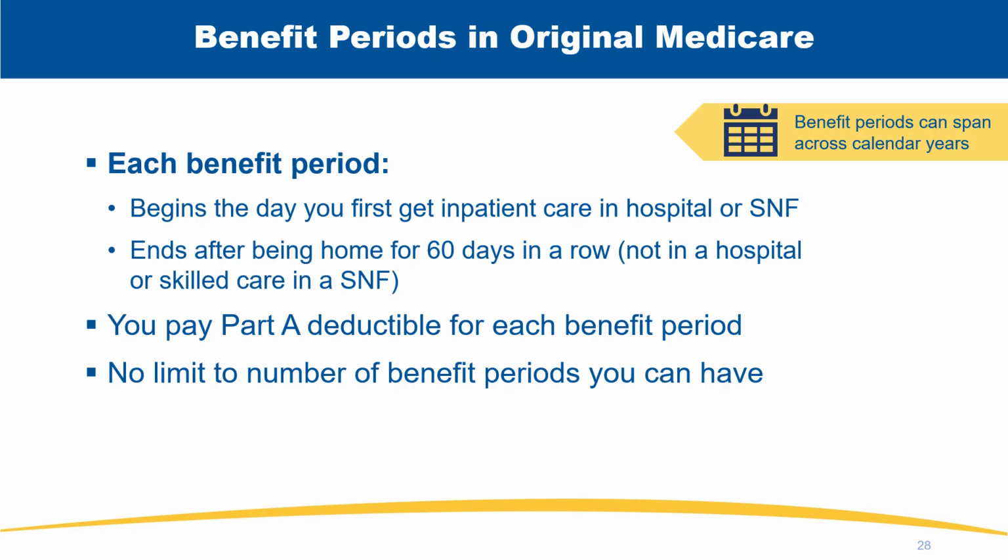When you go back to the hospital, you do not have to pay the premium or the deductible. However, if you go home and you're there for 60 days consecutively, and you go back to the hospital after 60 days, you will have to pay the Part A deductible again. So each benefit period, you would have to pay the deductible for Part A.